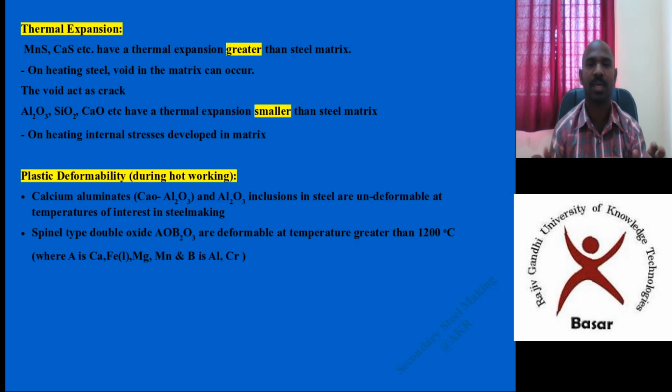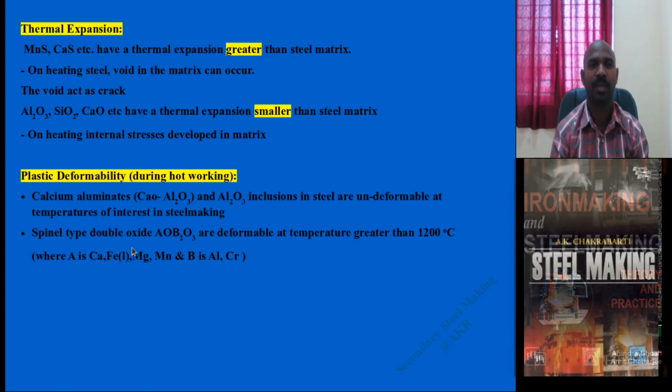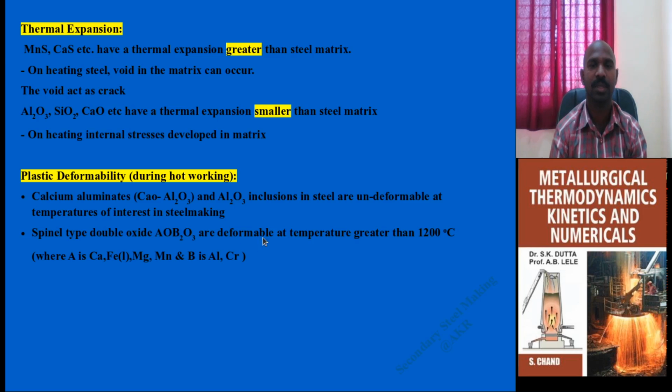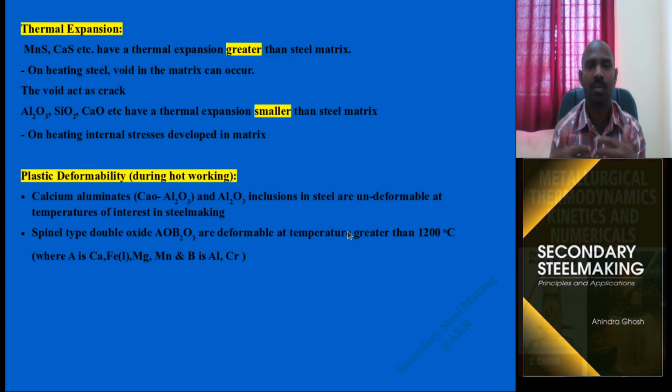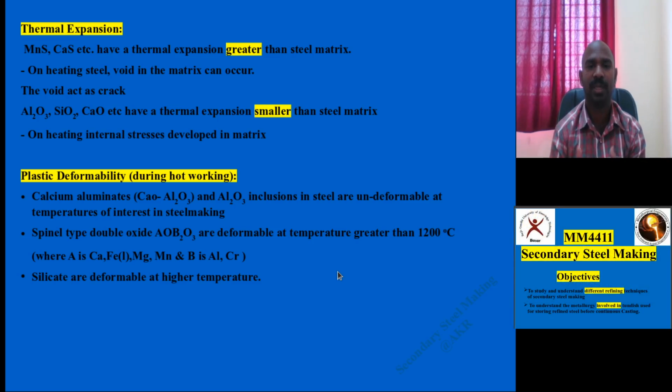And when you vary the AB of this spinel structure, if A is replaced by calcium, iron and magnesium, and B is replaced by chromium, zirconium and titanium, this spinel structure is deformable at higher temperature, but at lower temperature it is not deformable. Silicates are also deformable at higher temperature, but at lower temperature they are not.